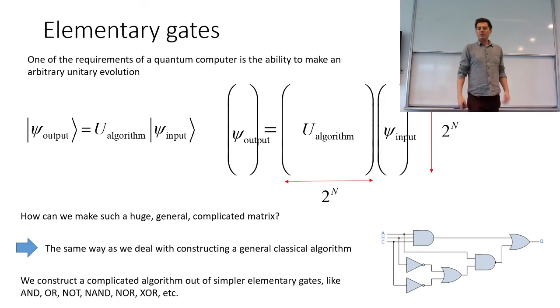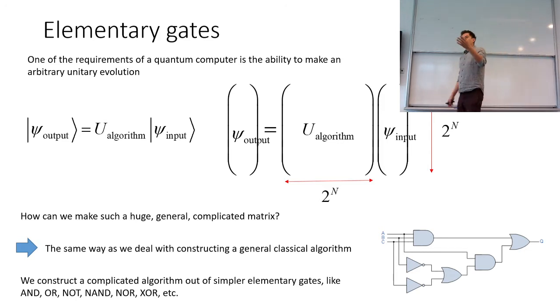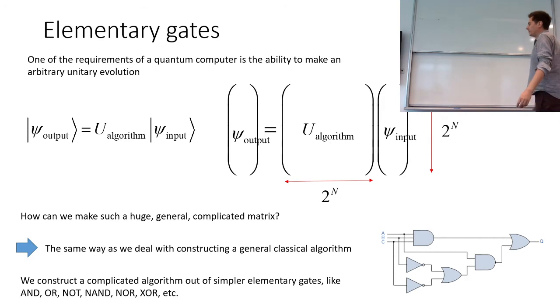Humans like to break things down into smaller and smaller problems and say, okay, I know how to do this. So we combine that box with this box, and then I know how to do that, so I combine those two boxes. You build more and more complicated things by combining boxes that do simpler tasks together. This is how we do anything complicated.